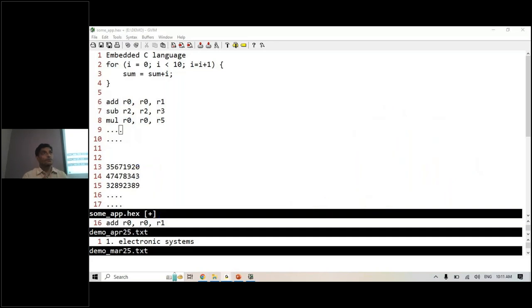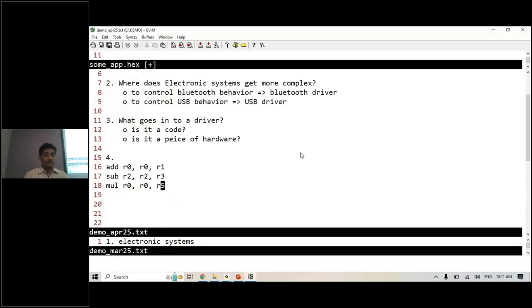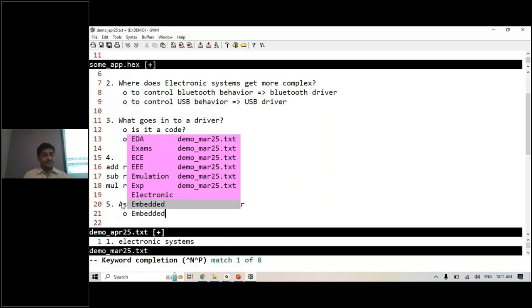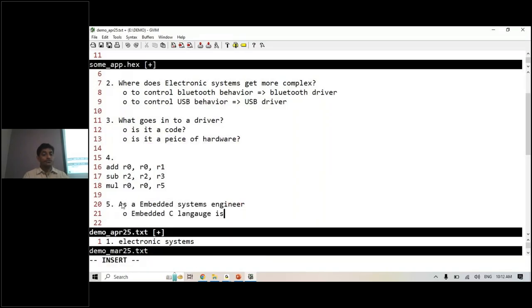Let me again brief about what we are discussing in case some of you got confused. We are talking about what goes into a driver. As an embedded system engineer, embedded C language is used to implement the drivers.